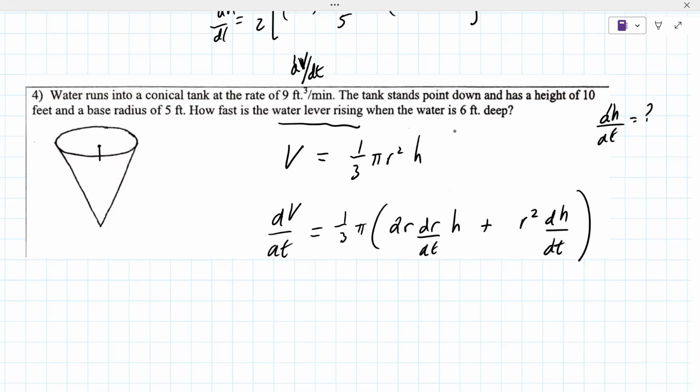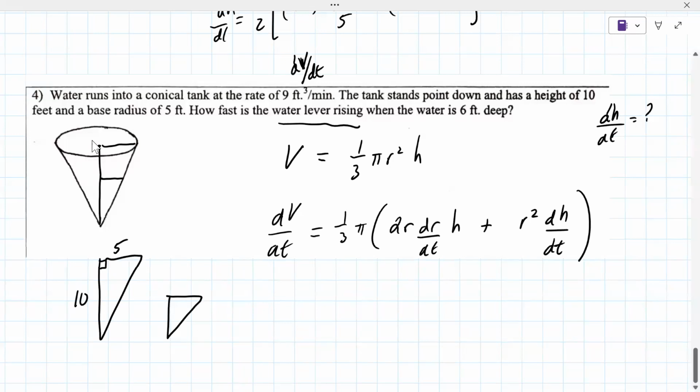So there's this classic trick. You have to know something to be able to do it. There's two triangles, kind of like the big triangle and the little triangle. So the big triangle has the height and the radius, 10 and 5.